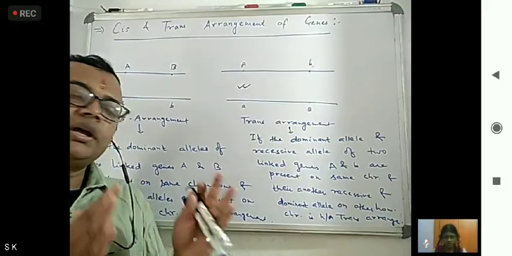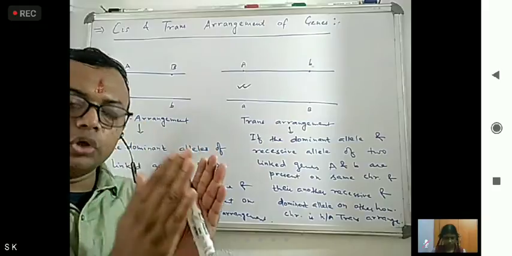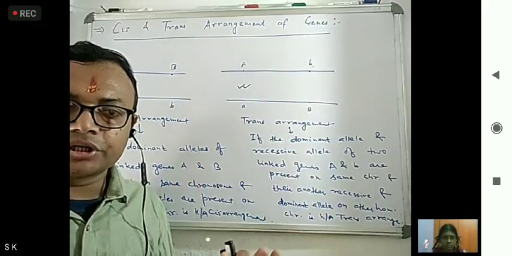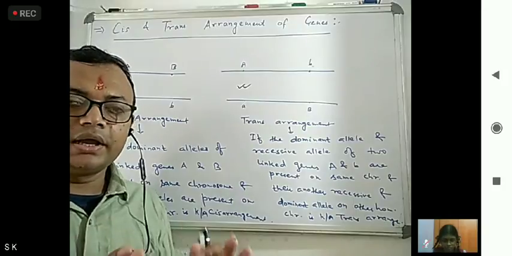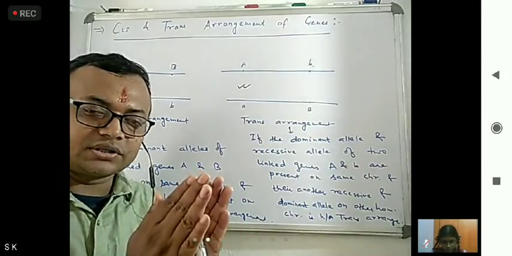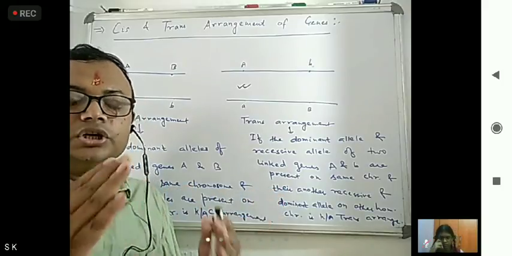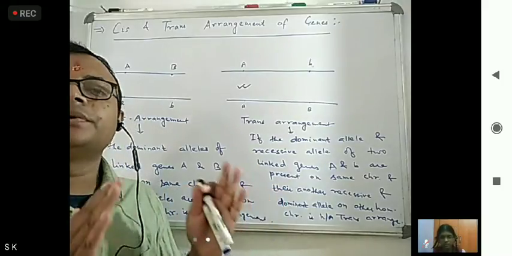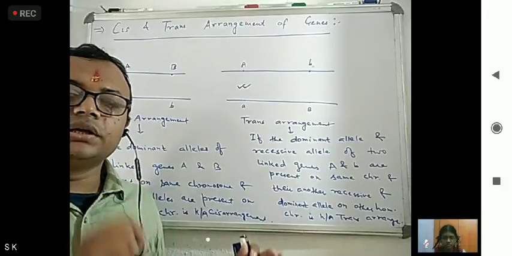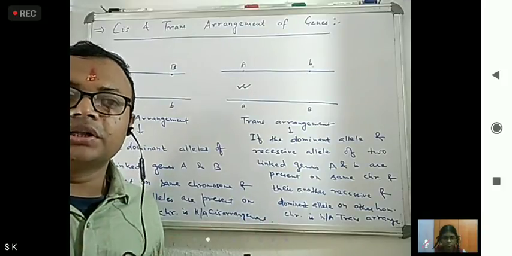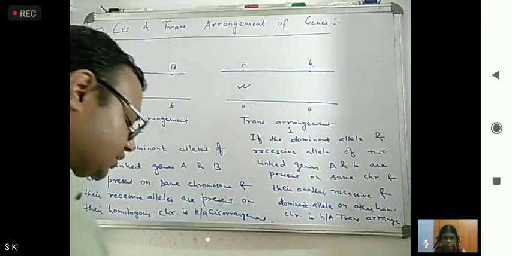Means if linked genes are close together, what will be the impact on parental combinations and recombinants? And if linked genes have some distance between them, what is the strength of linkage? We will see this. Morgan conducted two types of cross for showing the strength of linkage. So next, come on.